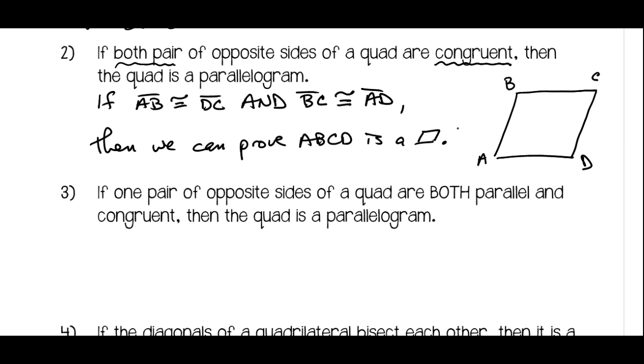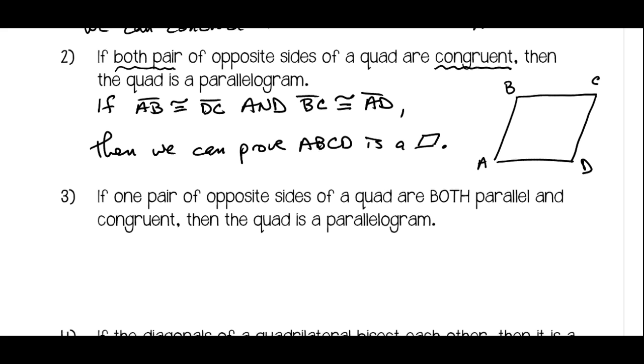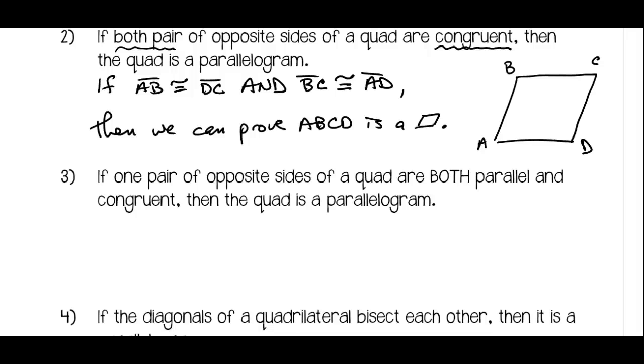So second method. First method, both pairs of opposite sides parallel, then you can prove it's a parallelogram. Second method, both pairs of opposite sides congruent.